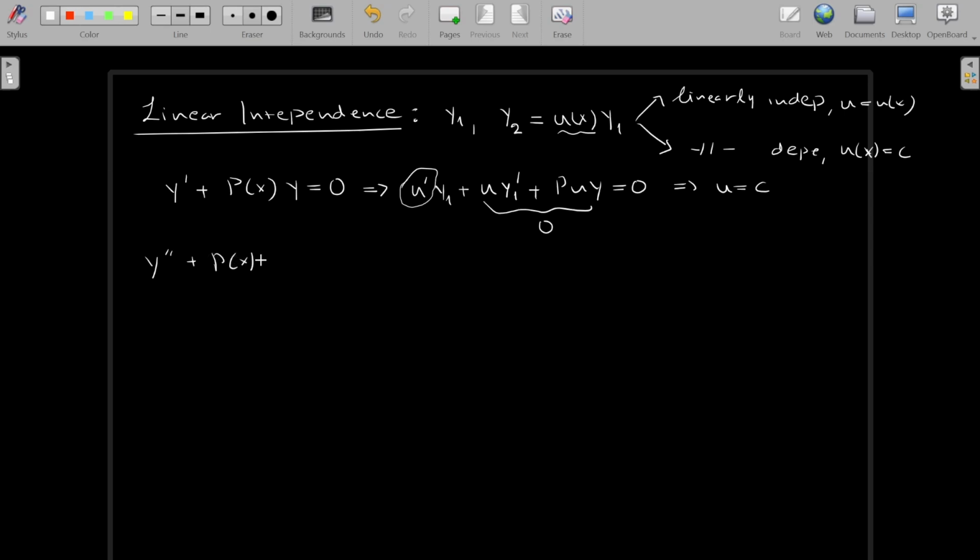let's write it down, y double prime plus p of x y prime plus q of x y equals 0. For a second order differential equation, this has a dimension of 2, meaning that you need two linearly independent solutions to construct a basis, and to be as general as you can be.